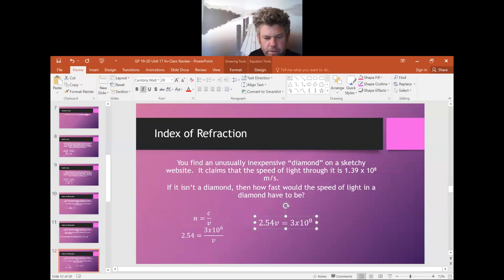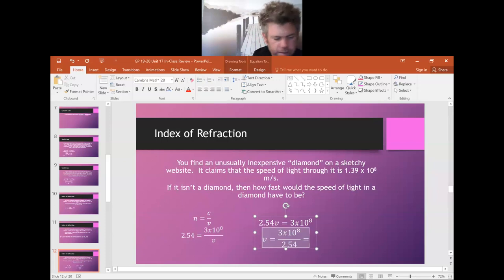All right. So then what I have to do, in order to solve for v, is divide this by 2.54. All right. So that then should equal 3 times 10 to the 8th divided by 2.54.